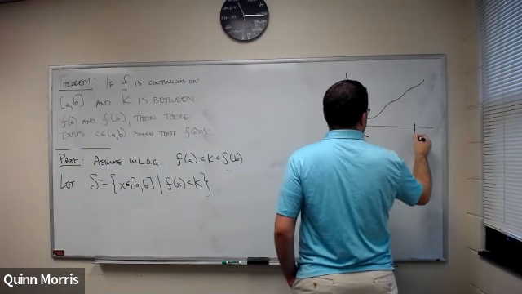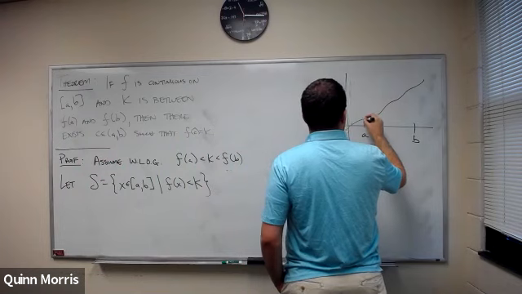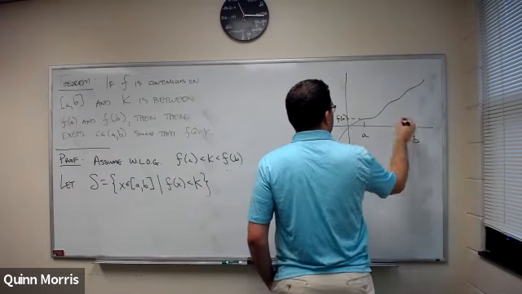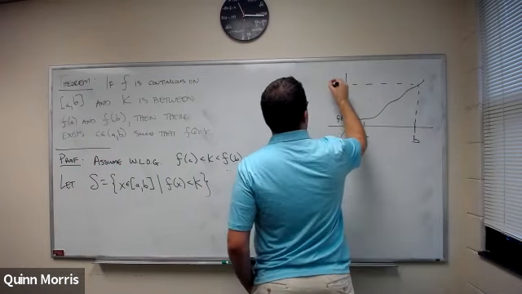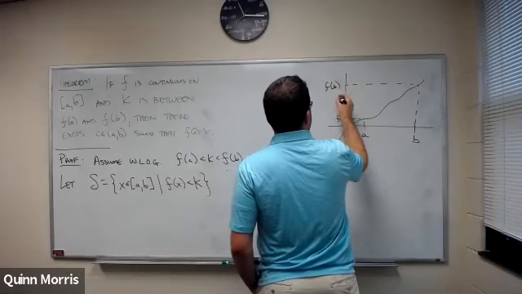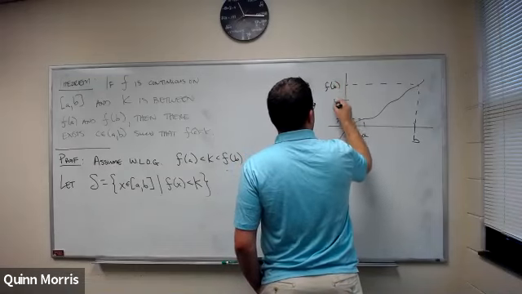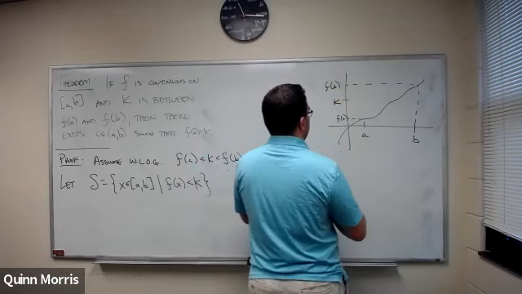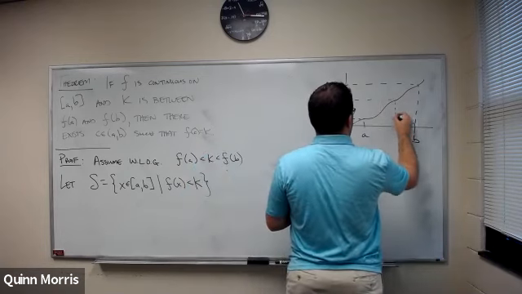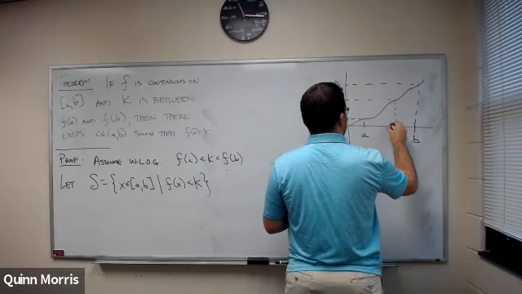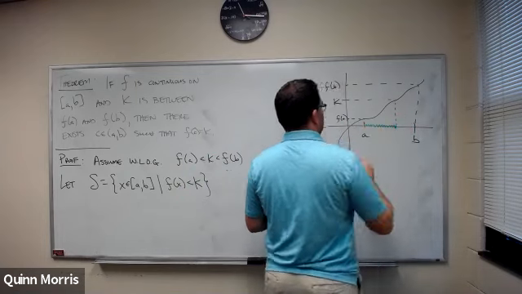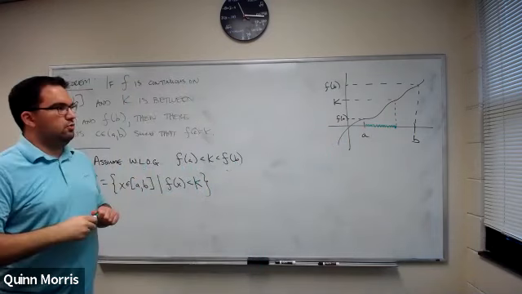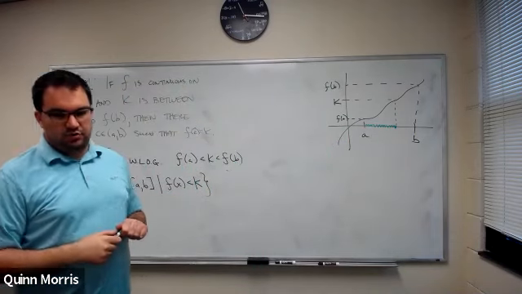Here's a, here's b, here's f(a), here's f(b), and I've chosen some k value in between. This set S are all the x values where my function is below the value k.